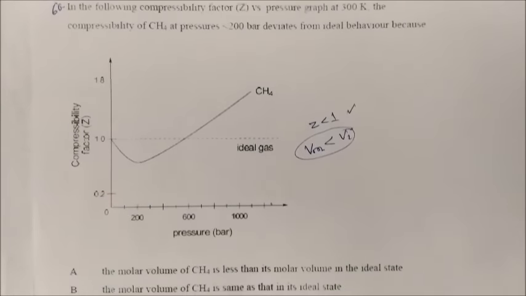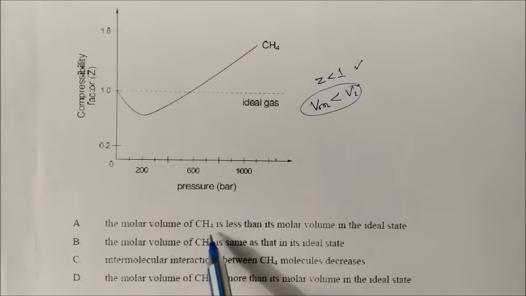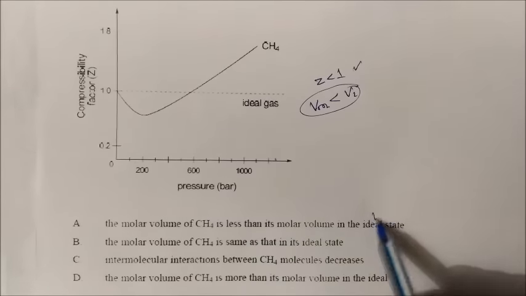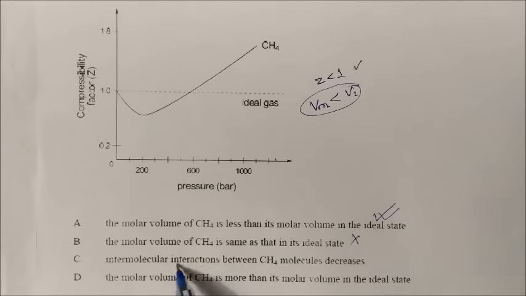So let us see what the options are. The molar volume of CH4 is less than its molar volume in its ideal state. This totally agrees with this concept. The molar volume of CH4 is the same as that of the ideal state. No, never. Intermolecular interactions between the CH4 molecules decrease.